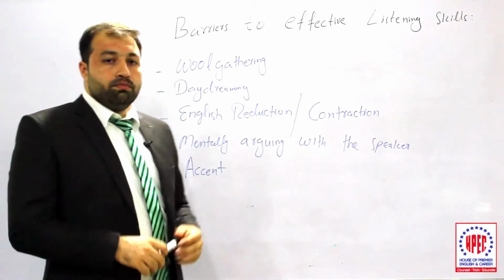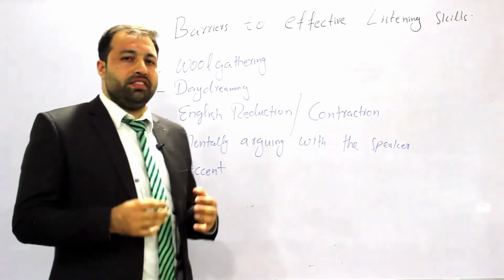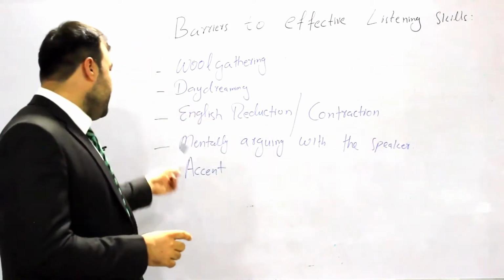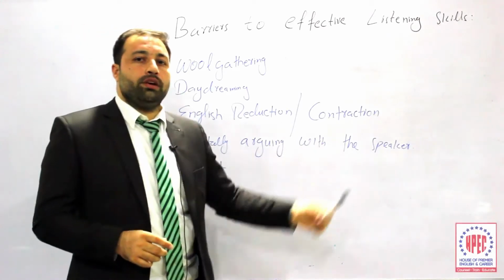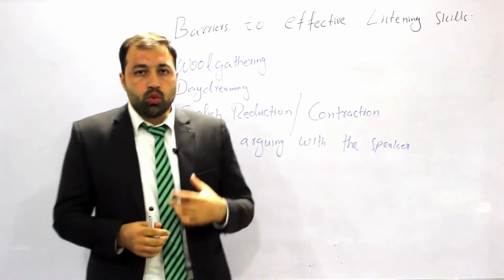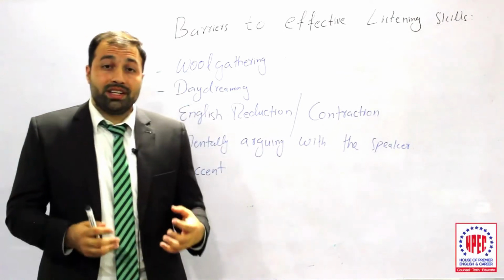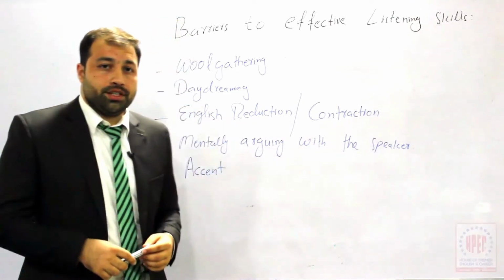The third problem, which is also one of the barriers to effective listening, is English reduction, or we can also call it contraction. So what is English reduction and what is contraction? Let me throw some light on it.